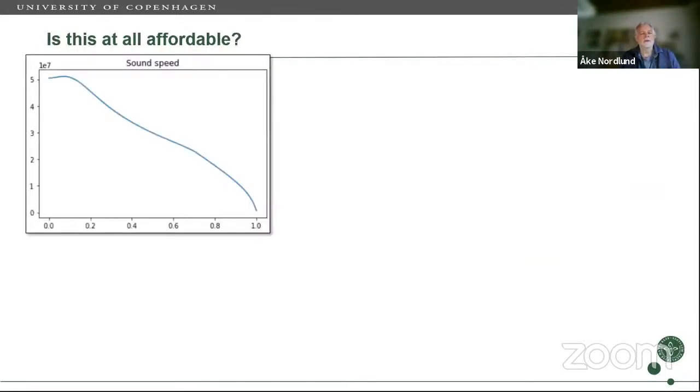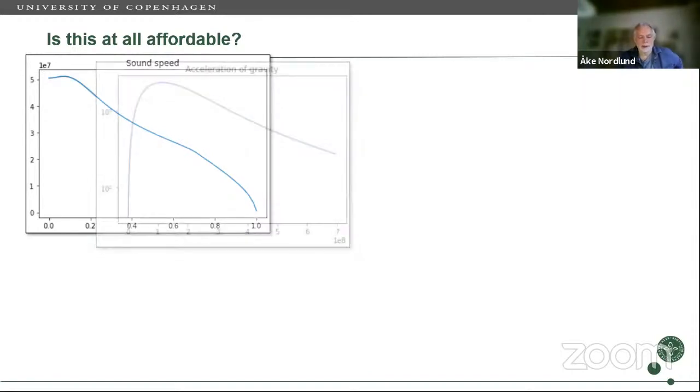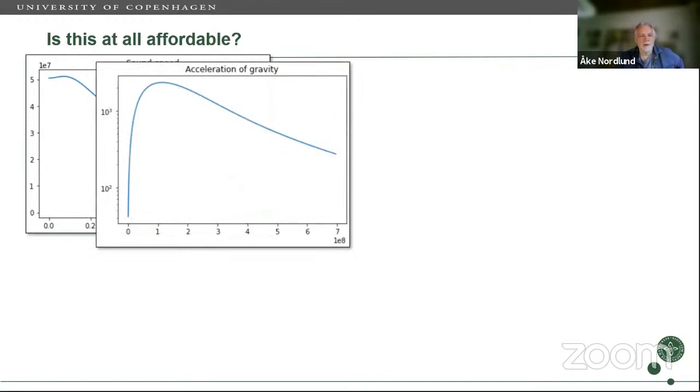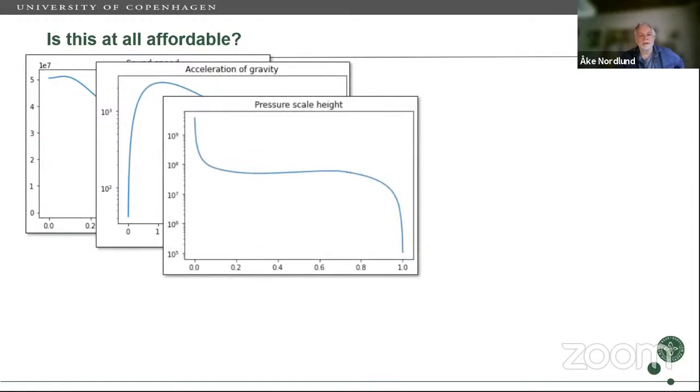But let's look at what happened, and let's look at if it's affordable. So here's a plot of the sound speed in the sun, taken from the standard solar model, Model S from Christensen-Dalsgaard in Aarhus. And if you look at the acceleration of gravity, it looks like that. If you combine the two, you get the pressure scale height. And notice how it really is dramatically dropping only at the very surface.